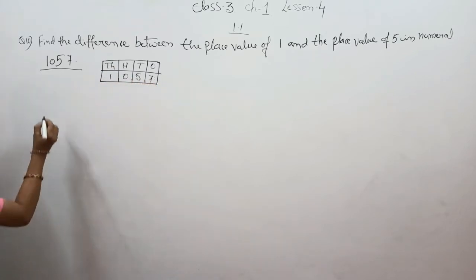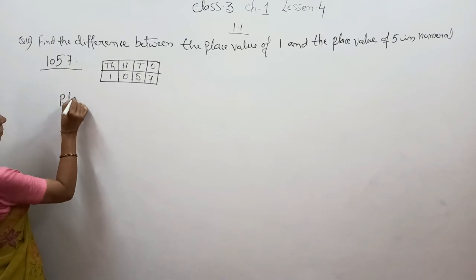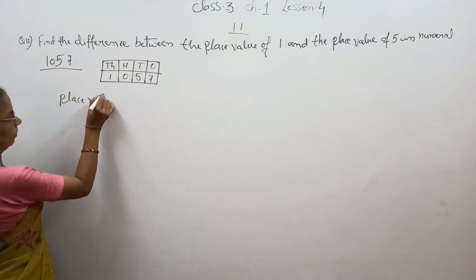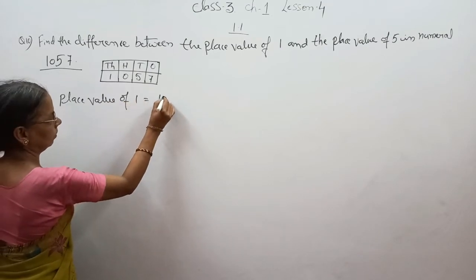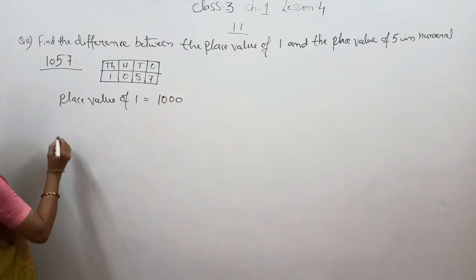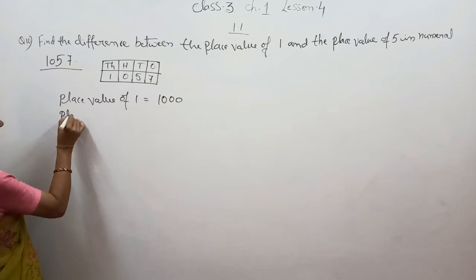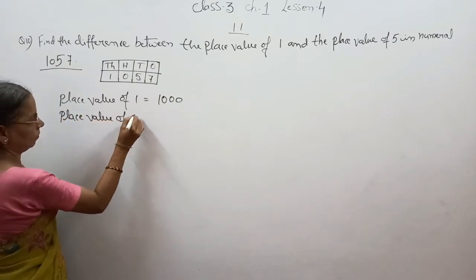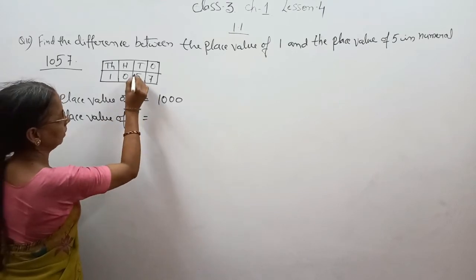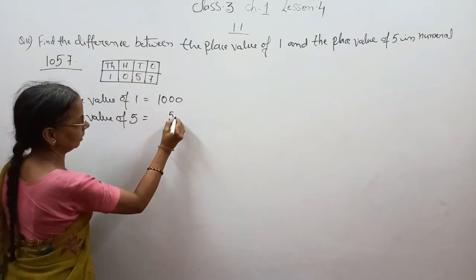Now place value of 1 equals 1000 and place value of 5 equals, it is in tens, it means it is 50.